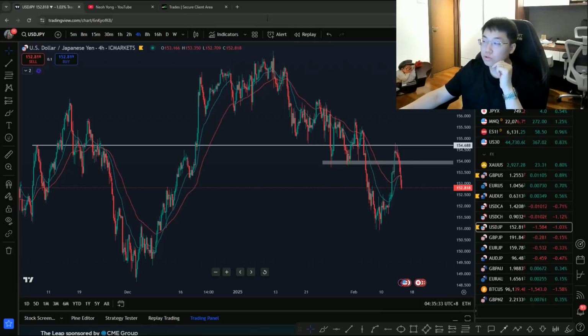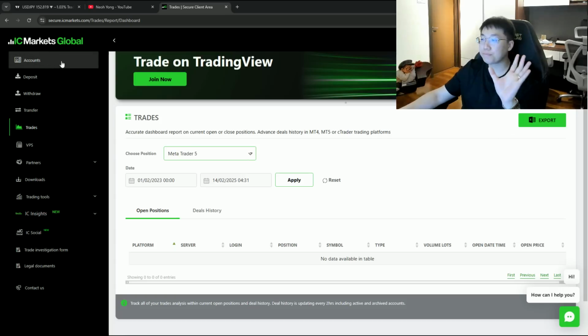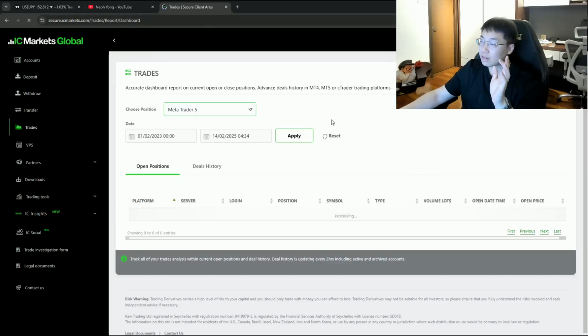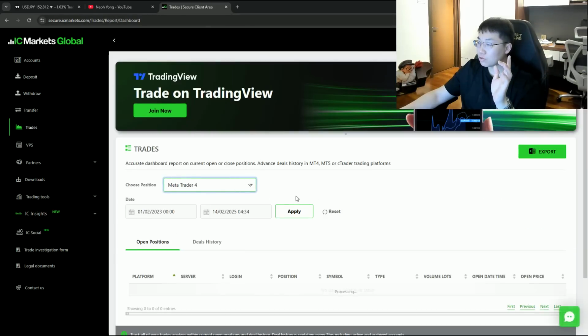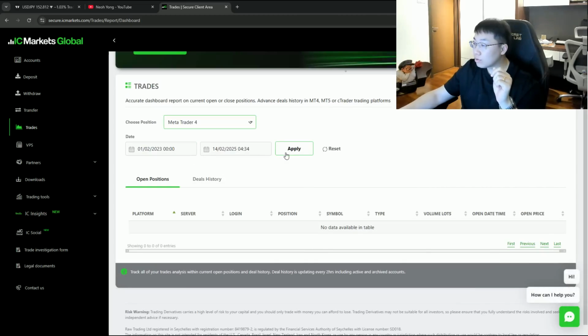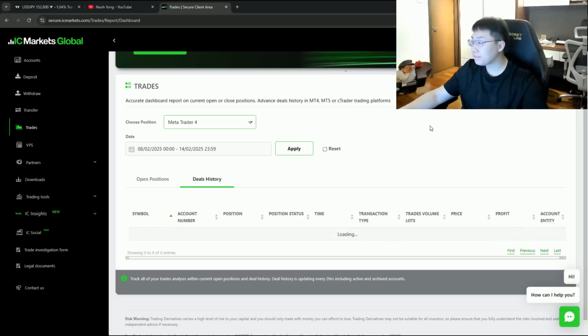So let's go into my Google Chrome and let's show all of you the actual transaction. So I figured out a way to really identify whether it's a live trade or not. You go to IC Markets, there's a section called trades. I'll just click this one to refresh. See that? So I go to MetaTrader 4 and I go to deal history, last 7 days. I'll just put apply.